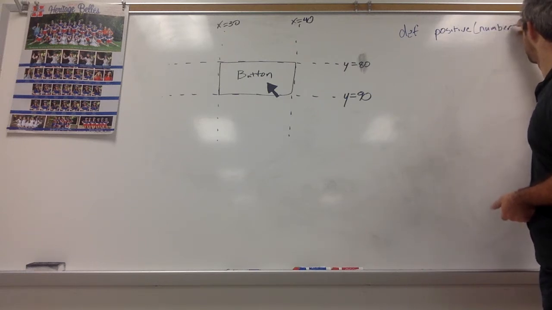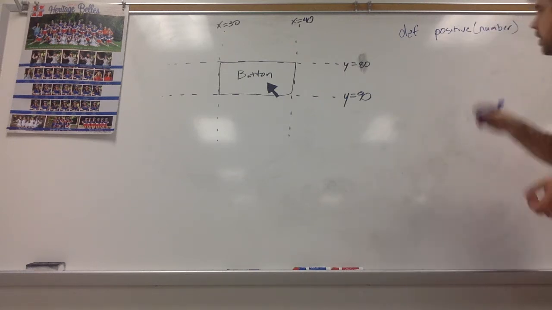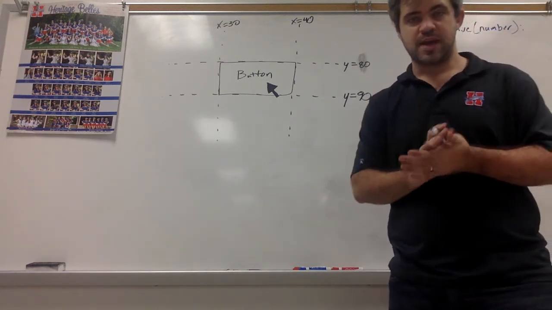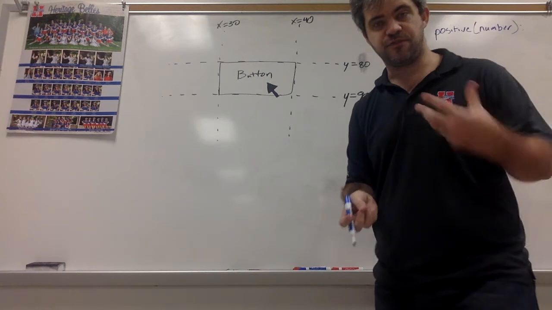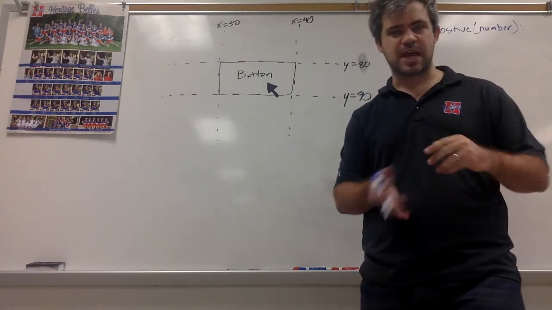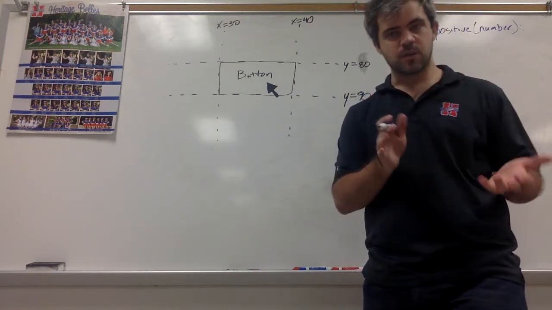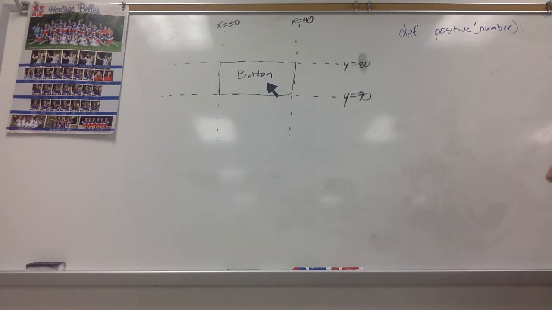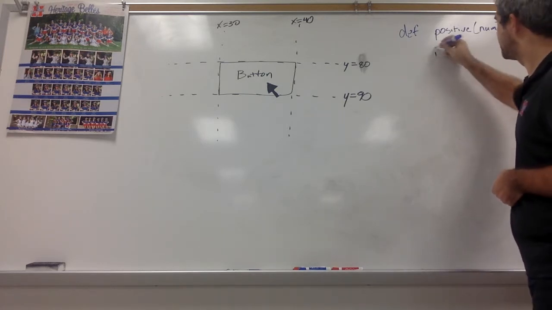So all we want this to do is return true if the number is positive and false if it's not positive. There's two ways to write this, kind of an easy way and a hard way. I'm going to start with the hard way, and then simplify it just a little bit. So the hard way to write it would be this.